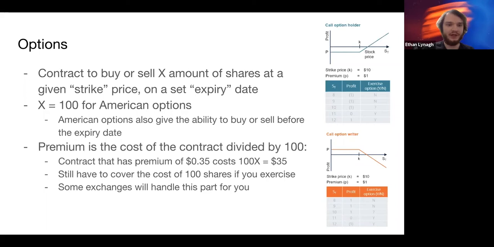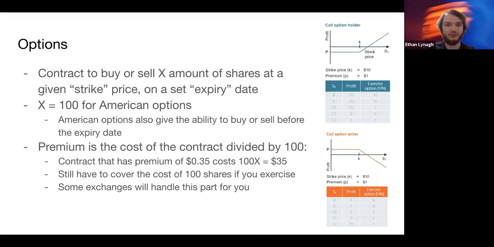And then to buy and sell these options, you have what is called the premium, which is the cost of the contract, commonly shown as divided by 100, because there's 100 different shares that the options contract represents. So if a contract has a premium of 35 cents, this would be 100 times that, so it'd be a $35 premium for that contract.